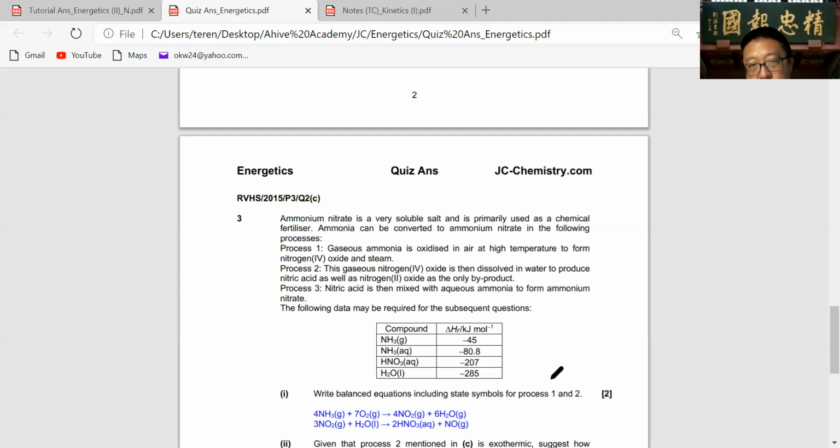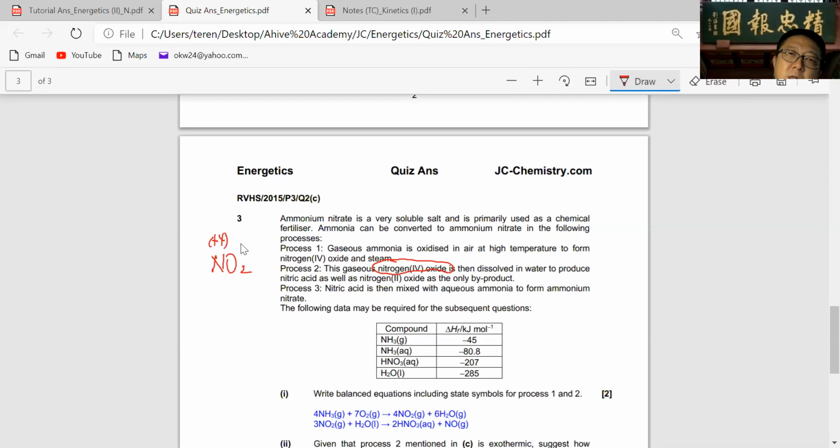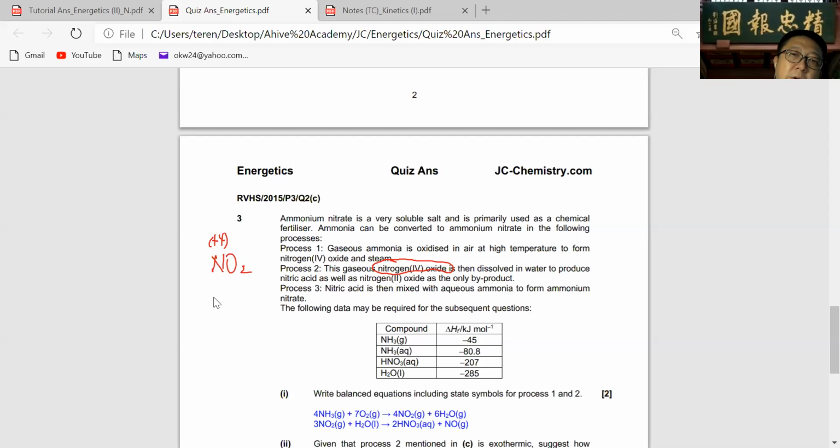You may be surprised with the terms being used. How do I know nitrogen oxide is nitrogen 4 oxide? Then you must remember your redox. Oxygen is -2, so inside this NO2 is +4 for nitrogen. That's why the name is nitrogen 4 oxide. Similarly, I'm going to write down another one, NO, nitrogen 2 oxide, which is nitrogen monoxide.